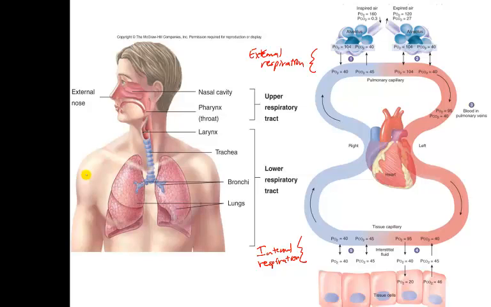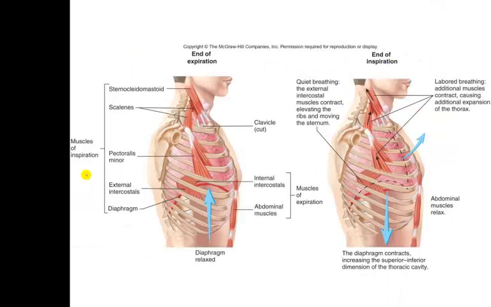So to get the air to move, you need yet another system, which is the musculoskeletal system. So basically the rib cage and the muscles of the rib cage, particularly the diaphragm and then the intercostal muscles between the ribs.